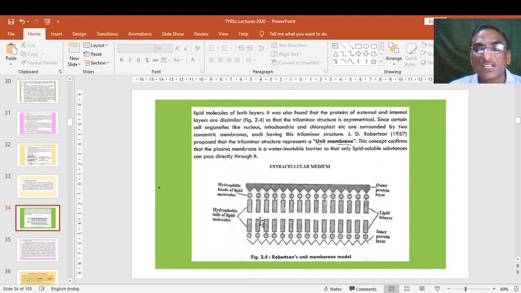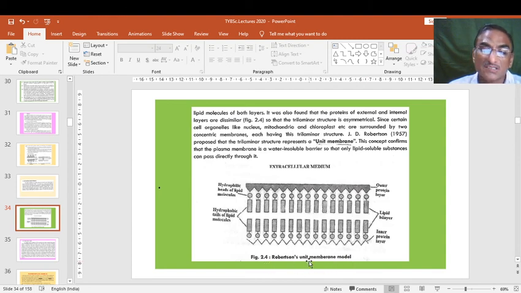So this is the outer protein layer and this is the inner protein layer. In between these two protein layers, these two lipid layers are there. Therefore, it is called exactly a lipid bilayer model, or lipid bilayer structure of the cell membrane. So this is about Robertson's unit membrane.